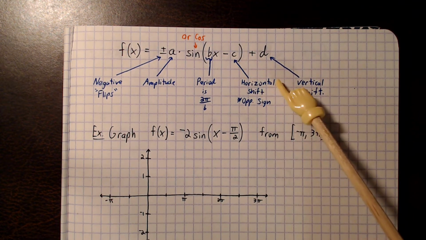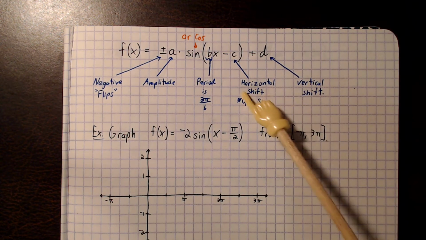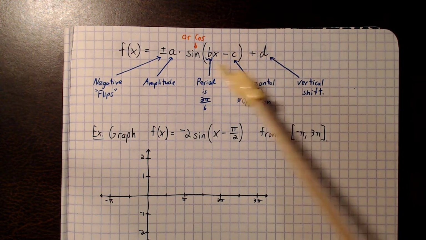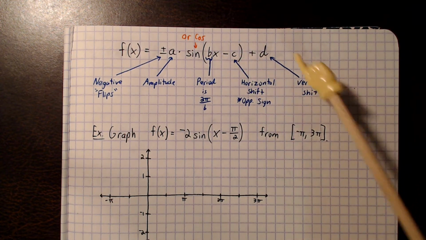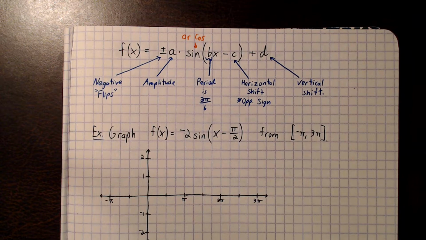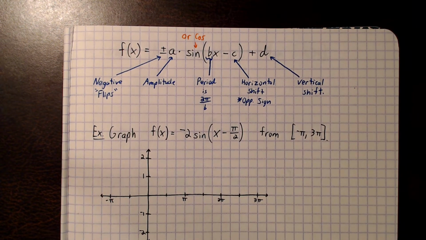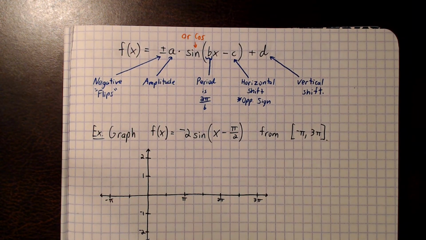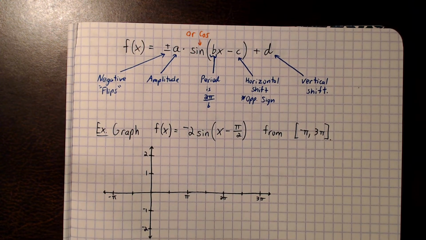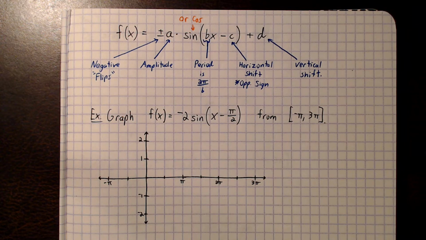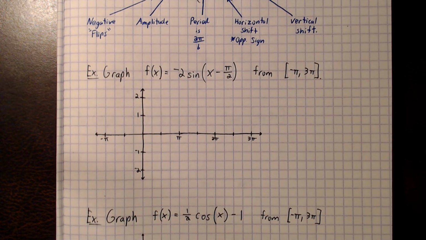Our c value is a horizontal shift, right, opposite sign for the direction. And then finally, your d value outside is a vertical shift. So we're just going to be putting together basically what we've been doing in the past, all with the sine function. And we want to just keep a few points and some things in mind.